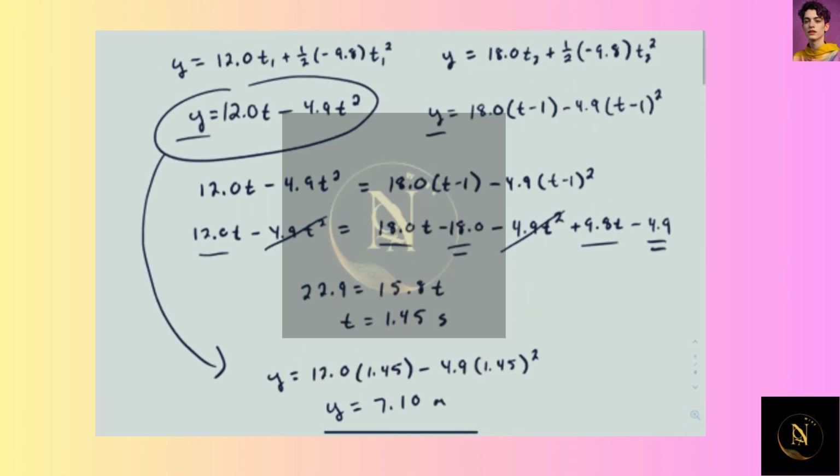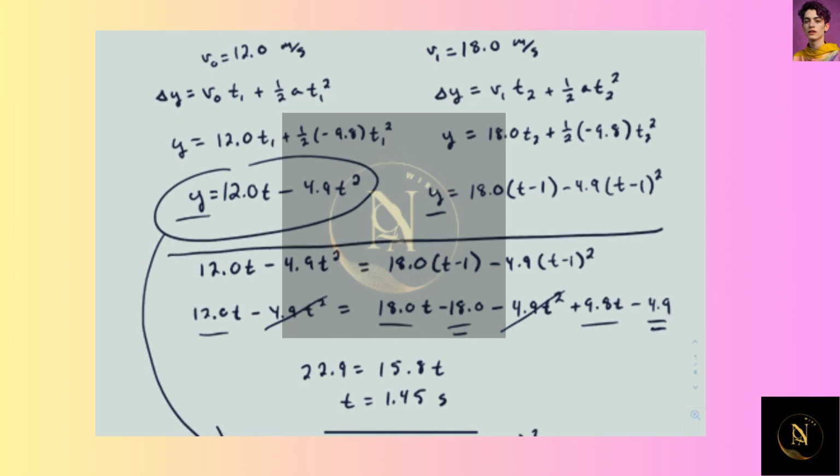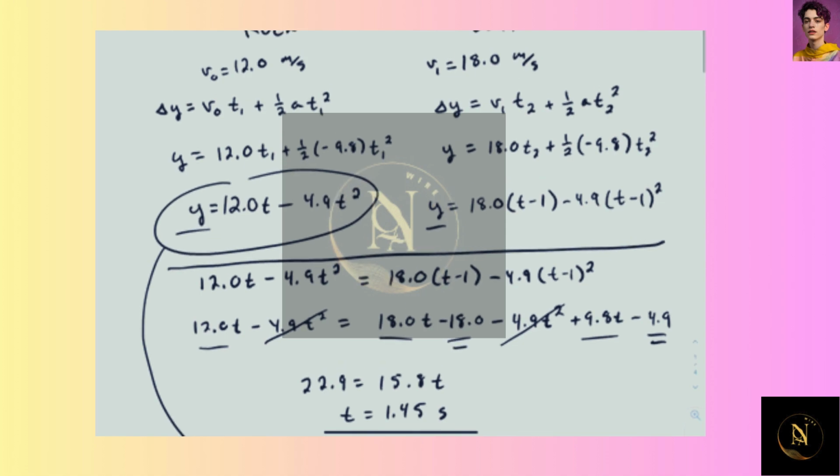Now the next part, instead of the rock being thrown first, the ball is thrown first. So I can use this same system of equations that I have for the first part, except I'm going to say that the ball has time t and the rock has time t minus 1, because I'm just switching the order of when they're thrown.